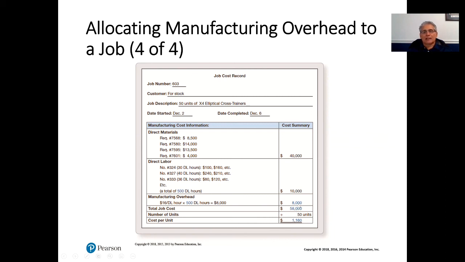And we are going to allocate $8,000 to this specific job. Once we have that allocation done, we have 40, 10 plus 8. The total job cost is $58,000. The number of units is 50. Our cost per unit is $1,160. $58,000 divided by 50 units gives us $1,160 per unit.